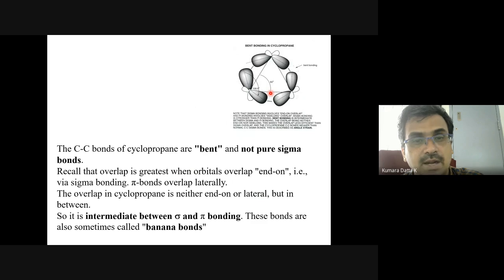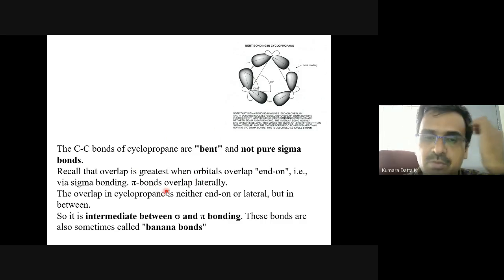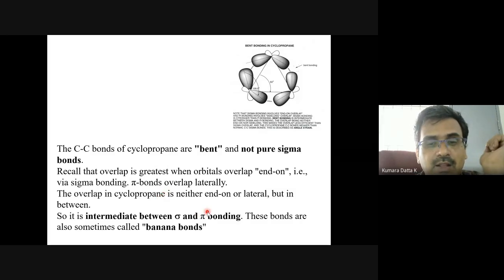Now please look at the bonding. The C-C bonds in cyclopropane, as compared to other systems, are bent, and they are no longer sigma bonds. Again, it has to do with how the orbitals overlap.